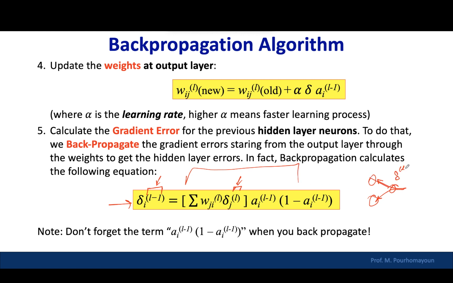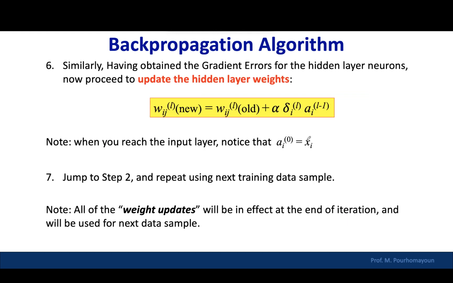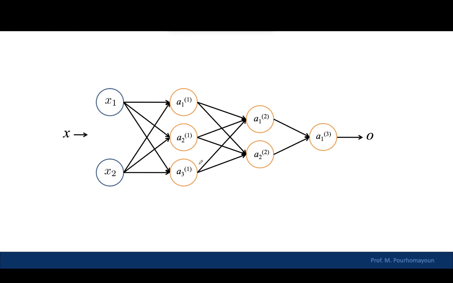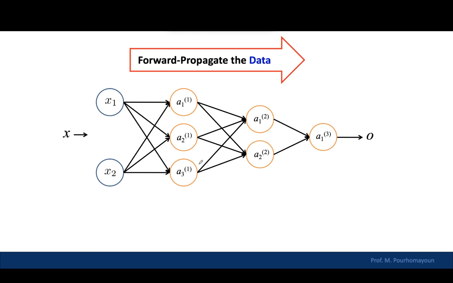This is level L, and at this level this is L minus 1. I move backward in the network and update the weights. Okay, and do it for one data sample and then repeat it for another data sample and another data sample. All of my training data samples, and if I go over this process, your neural network will be completely trained.